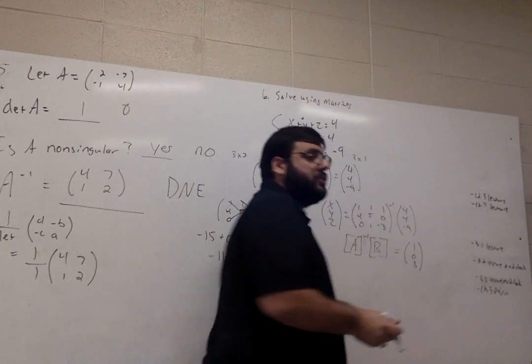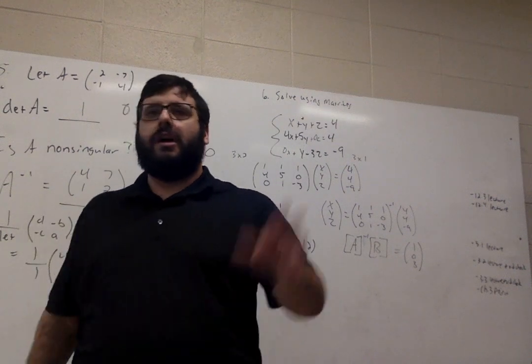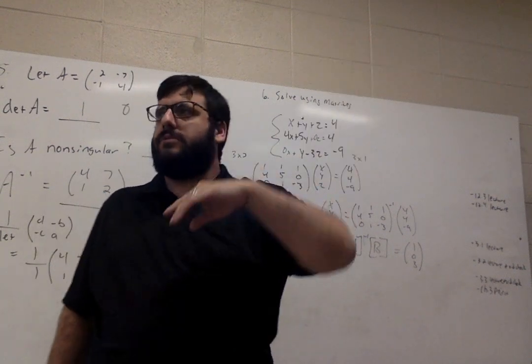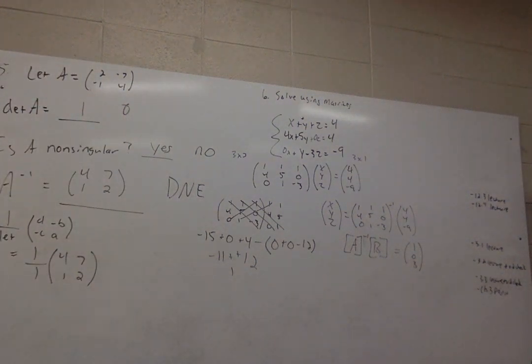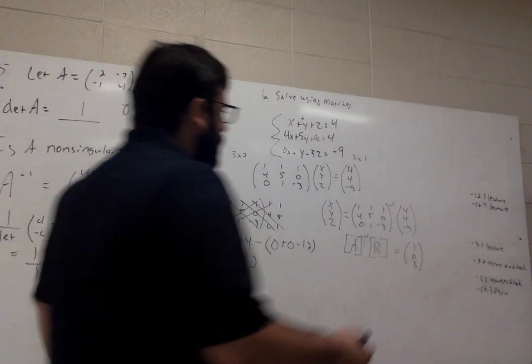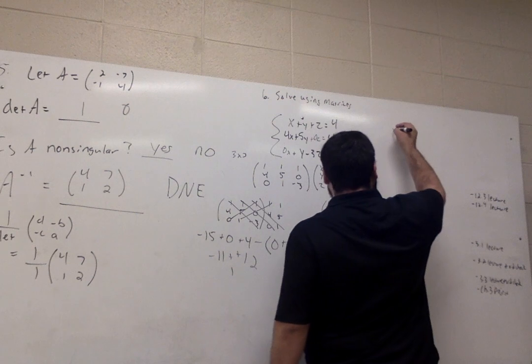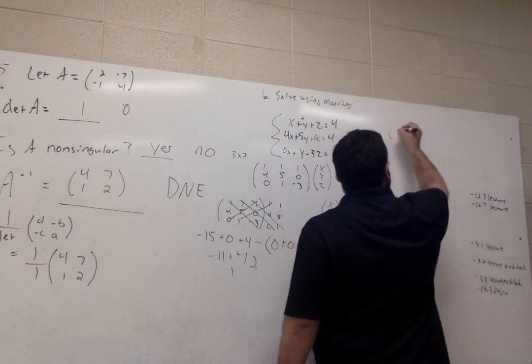Because we're doing a system of equations, just like on that last test with systems of equations, I'm going to ask you to write your answer as either an ordered pair or an ordered triplet. This is in 3, so we're going to write our answer as 1, 0, 3.